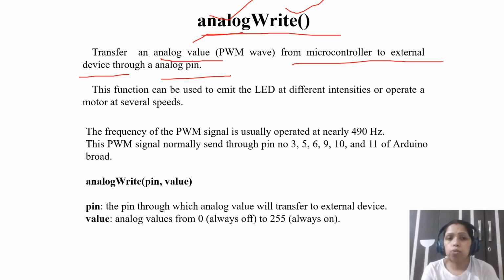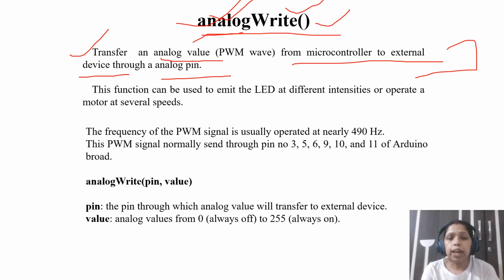For that, one particular function is required: the analogWrite function. Again, if you want to send an analog value from the microcontroller to an external device, you need an analog pin on the Arduino, and for executing this operation you need the analogWrite function.